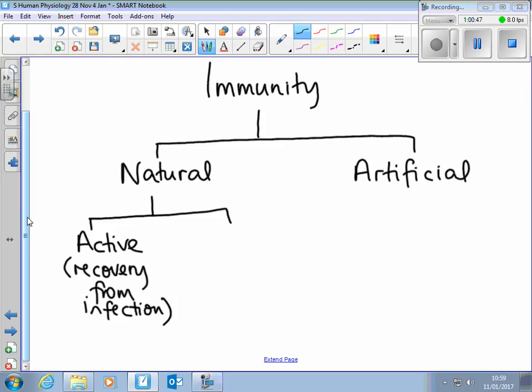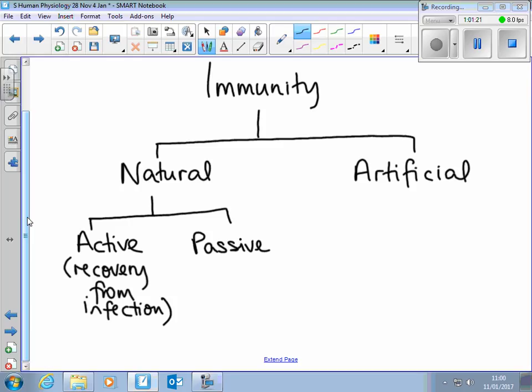On the other hand, there is passive immunity where we don't actually have to do anything, where we're actually given the antibodies, and that's before birth. Babies are actually born with the antibodies that their mothers have. So at birth, babies are immune to the same things their mothers are, but that doesn't last very long, because obviously these are not going to stay in the system, because they've not got enough memory cells.